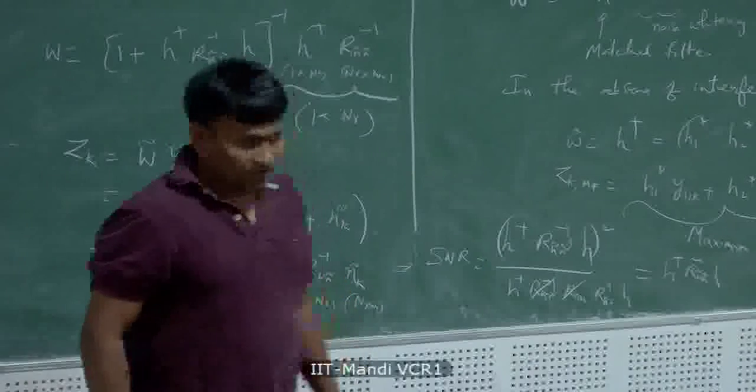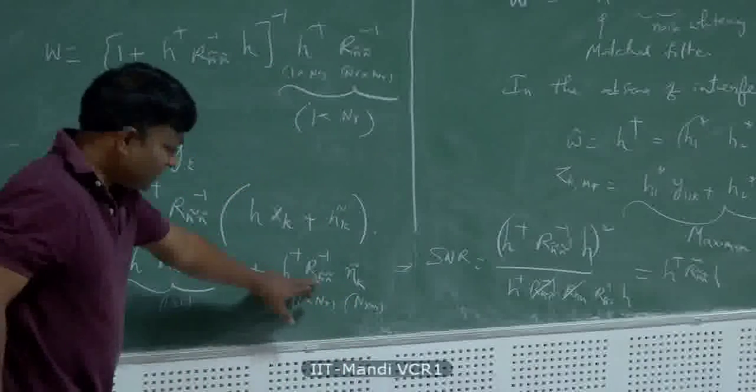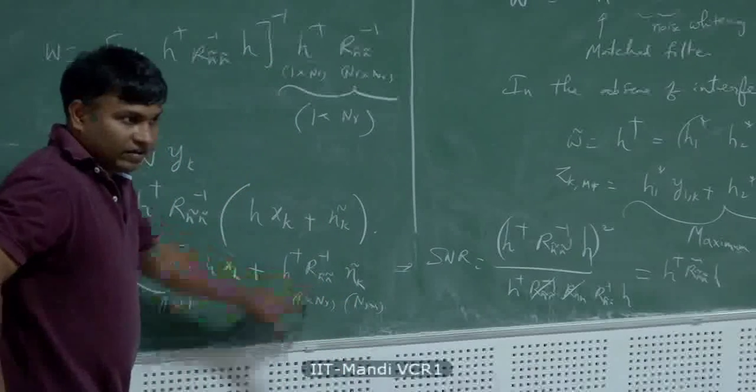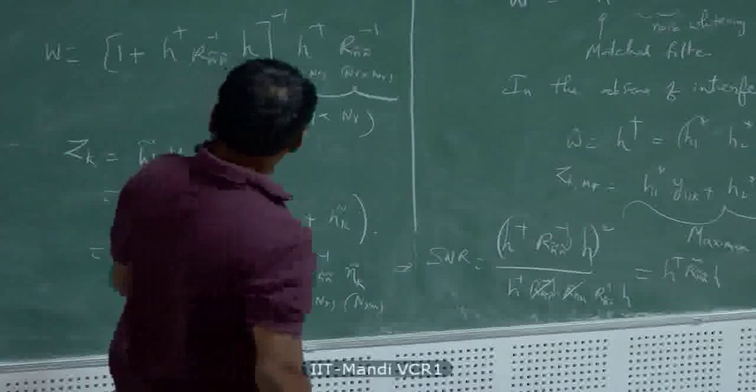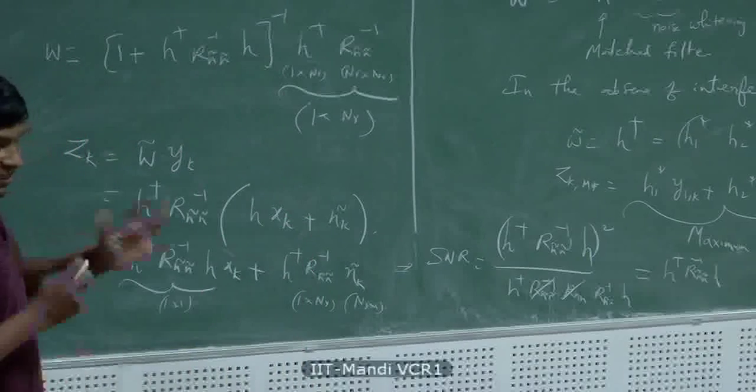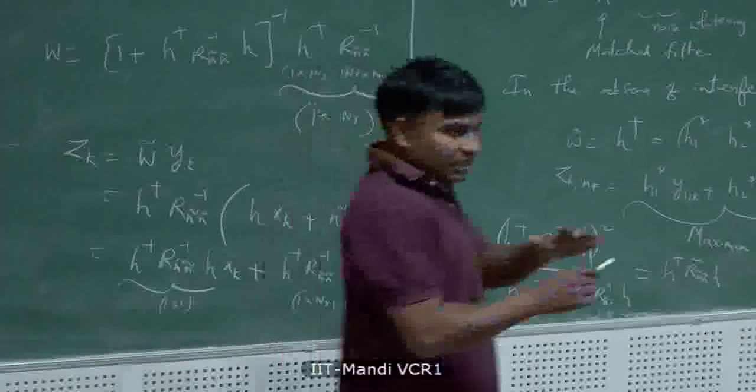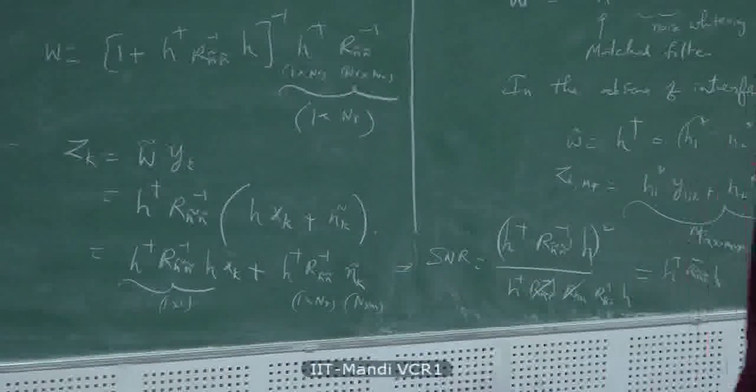We'll show that later. So at the output of the MMSE receiver, the noise plus interference signal becomes spatially white. We'll show in the next lecture what it means.